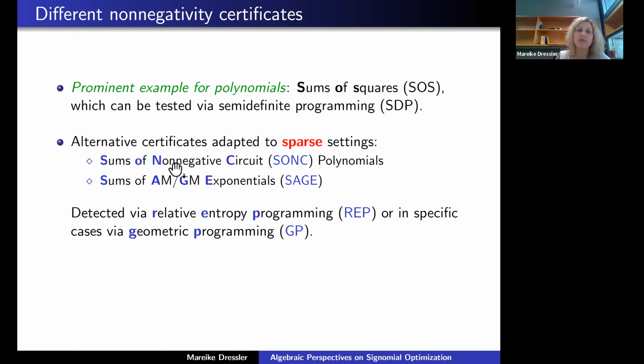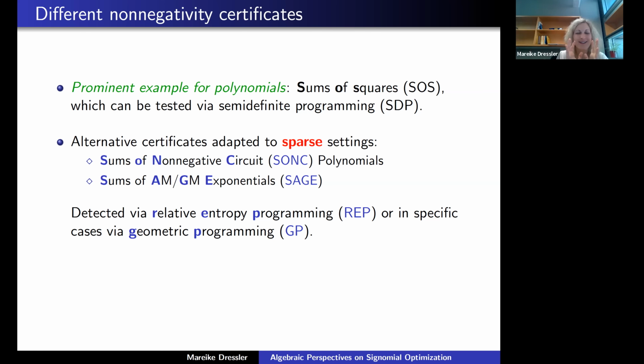And SAGE was basically directly for this Signomial setting. Most importantly, these two certificates can be detected by a convex optimization, namely via relative entropy programming and geometric programming. So let me unpuzzle that a little bit for you.